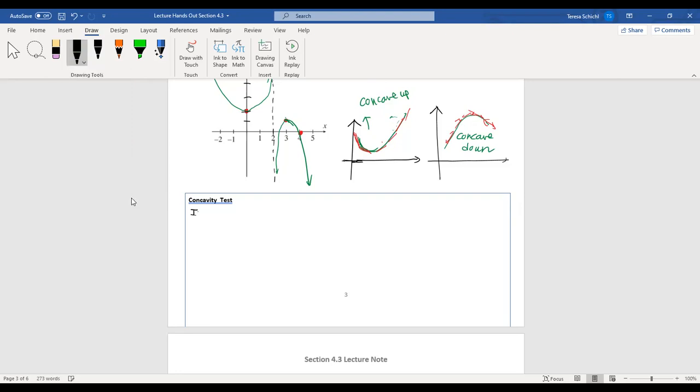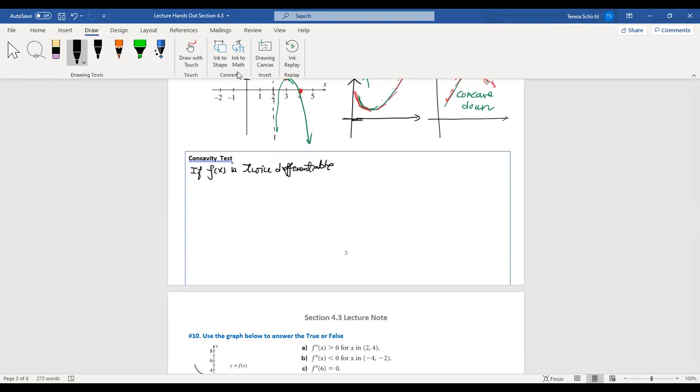First, we say if f of x is twice differentiable, that means the second derivative exists, on an interval I. Then the first thing we say: if f double prime of x is greater than 0 for all x, then f is concave up.